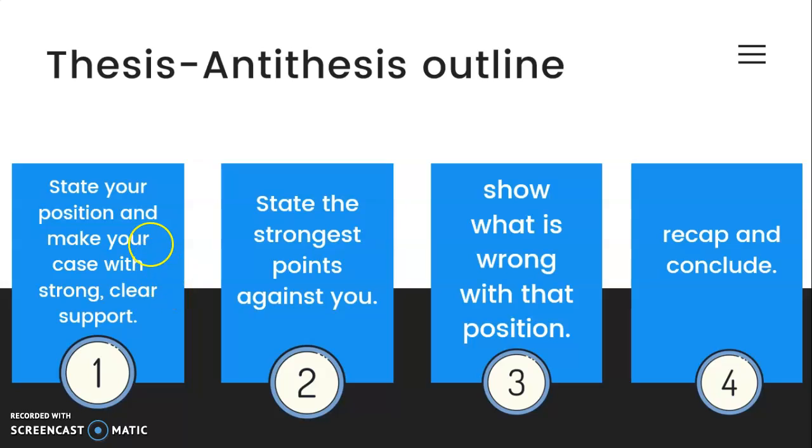However, at the next part, you have to show what is wrong with these positions, the positions which are against your argument. And then at the end of the presentation, you have to recap and conclude, which means you have to go back to your positions here.